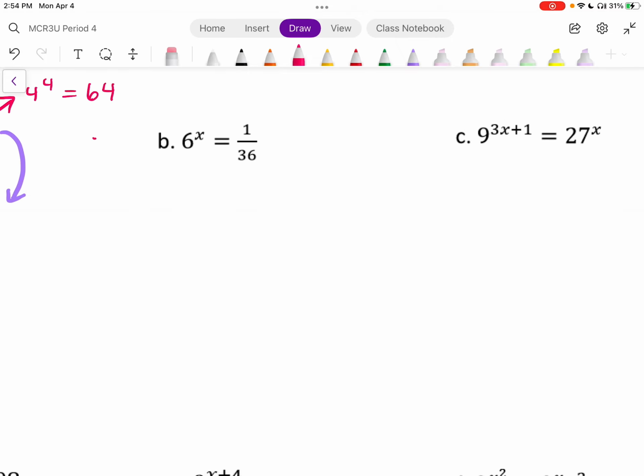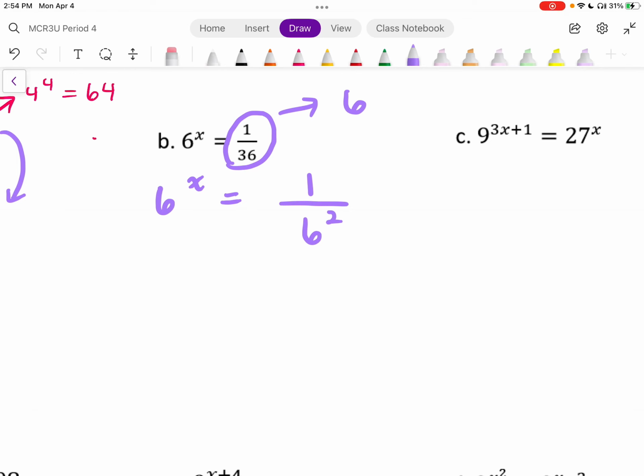Hopefully you paused the video and tried it on your own. So again, we have 6^x equals 1 over 36. I want to see what would make this 1 over 36 to the base of 6. I know that 1 over 6 squared will give us 1 over 36.